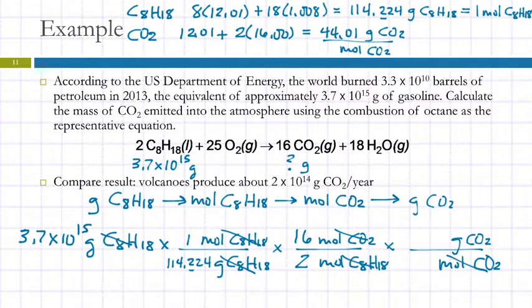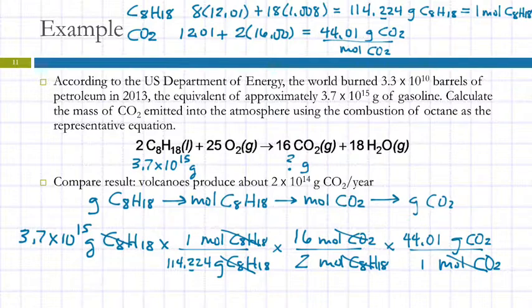So 1 mole of CO2 weighs 44.01 grams. Then I get my calculator out and do the math: 3.7 EE15 times 1 divided by 114.224 times 16 divided by 2 times 44.01 equals.